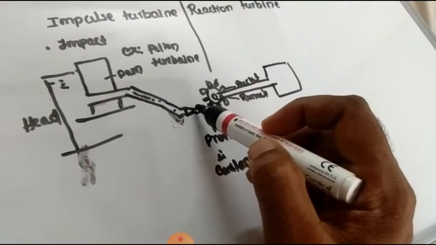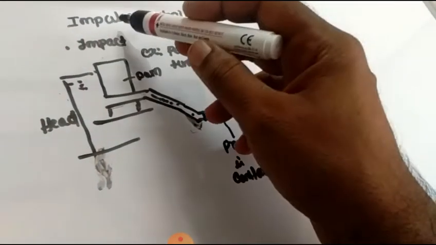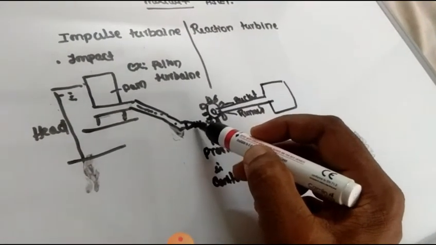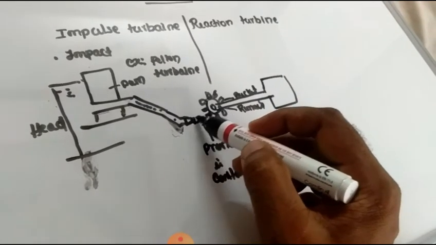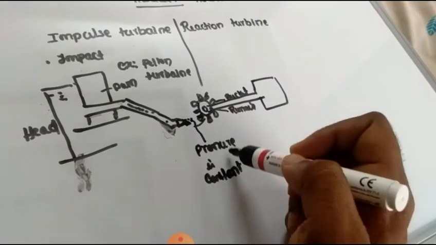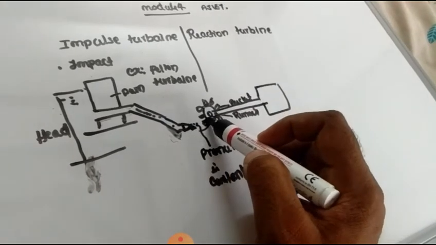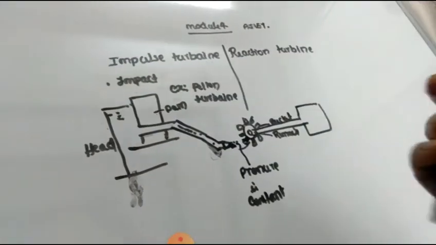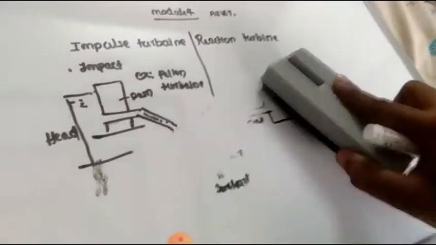As I said, the jet strikes the bucket, the pressure is constant and the velocity is high. That is called an impulse turbine. The force is a very high impact, and for that reason it is called impact, and that is why the runner starts to rotate. This is the concept of the impulse turbine.